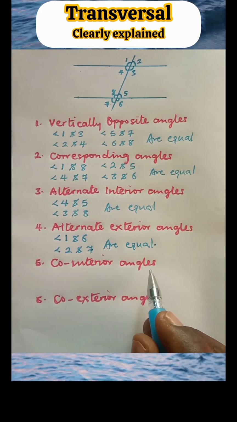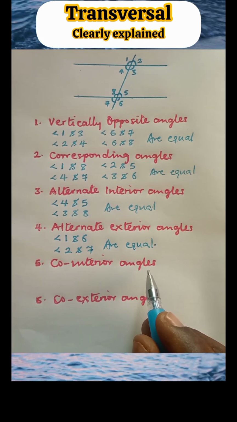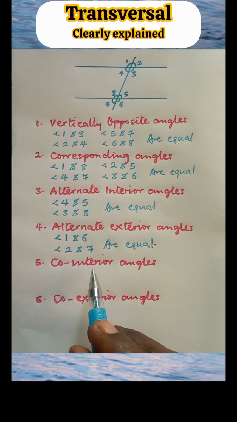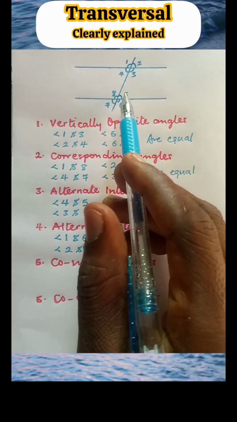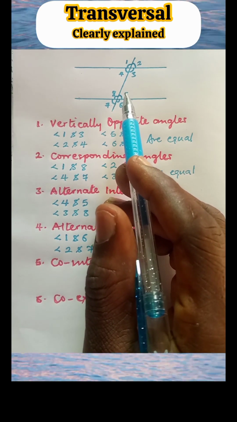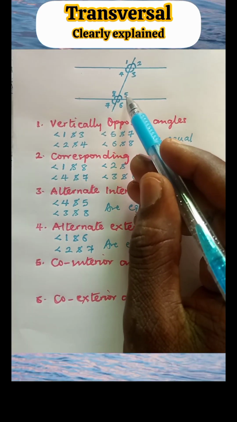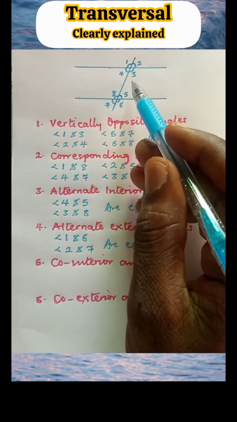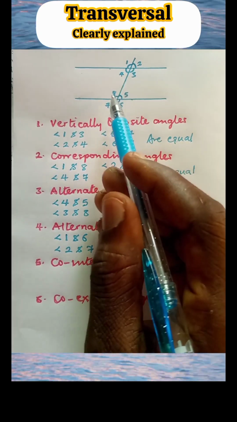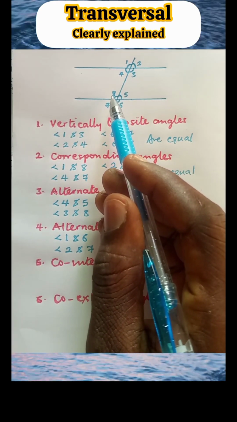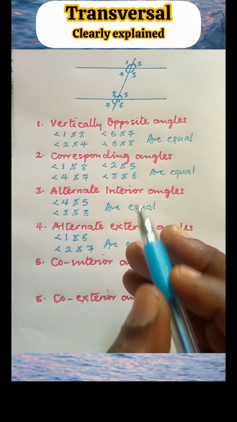Next, co-interior angles. This is also referred to as adjacent angles. The co-interior angles are two interior angles that occupy the same side of the transversal. For example, we have angle 5 and angle 3. They occupy the same side of the transversal, that is your right hand side, and so they are co-interior angles. Similarly, angle 4 and angle 8 are co-interior angles because they occupy your left hand side of the transversal.